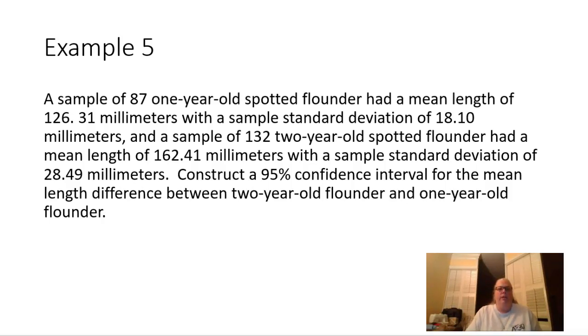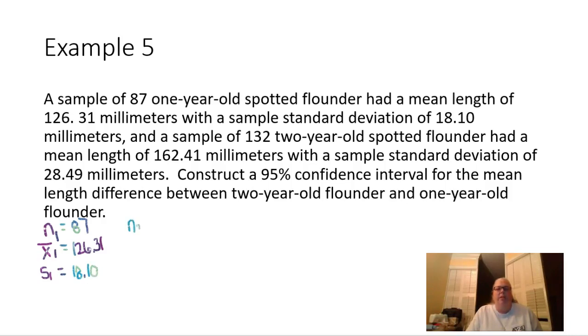All right, let's write down the things that we know. We have one sample that has 87 of the flounder in it. The mean length for the flounder in this sample is 126.31 millimeters, and the standard deviation that goes with that sample is 18.10.